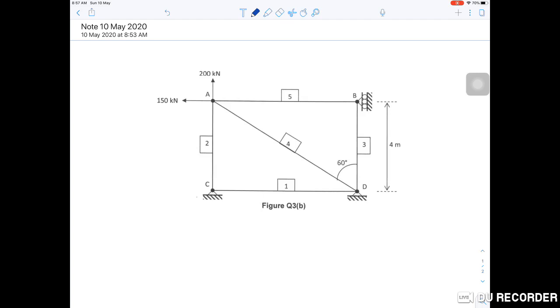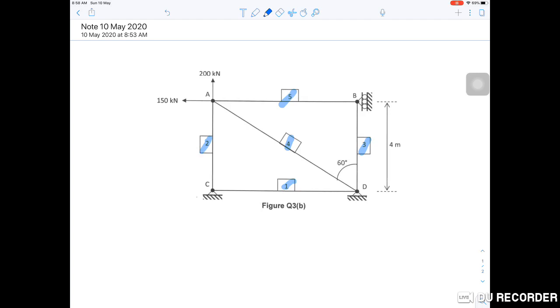Element 1 joining node C and D. Element 2 joining node A to node C. Element number 3 joining B and D. Element 4 joining A and D, and element 5 joining A and B.